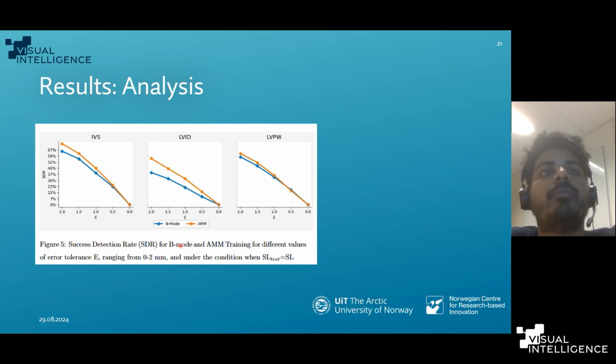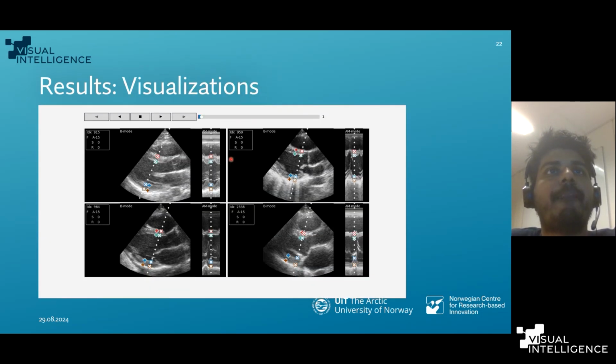For left ventricle measurements, people generally do the SDR analysis for 0 to 2 millimeters, and it can be seen that the AMM-based approach achieves a higher success detection rate when compared to the B mode baseline.